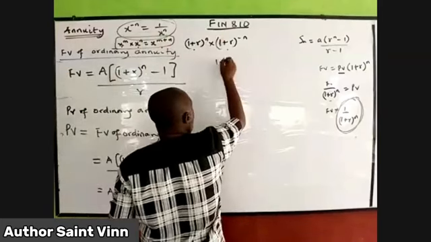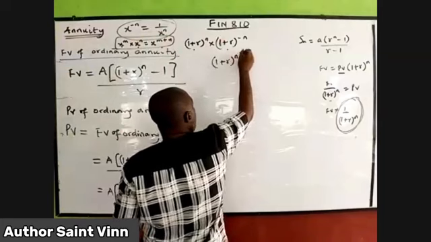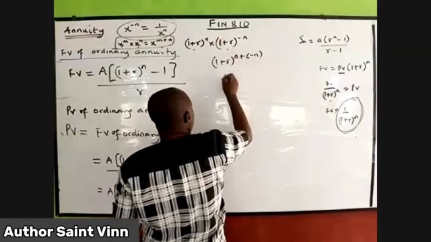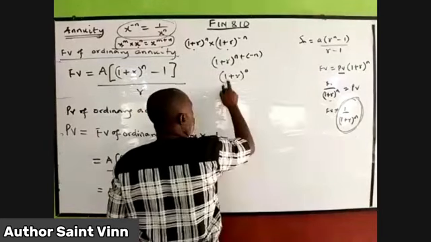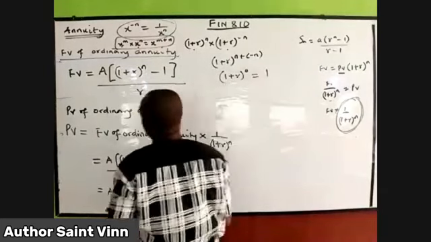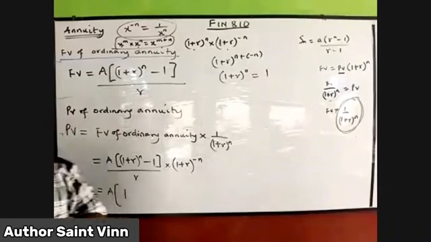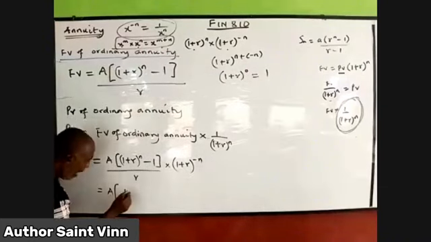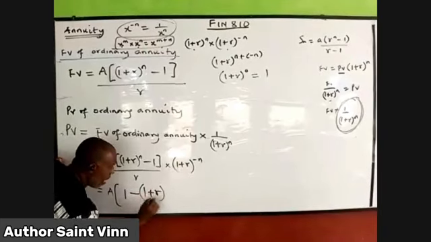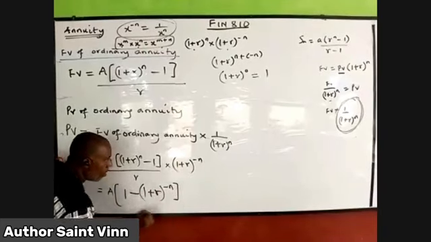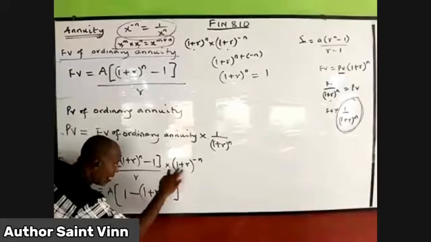So it's going to be 1 plus R, all raised to power n, plus what? Minus what? It's going to be 1 plus R raised to power minus n. Ordinary 1 times this won't change.